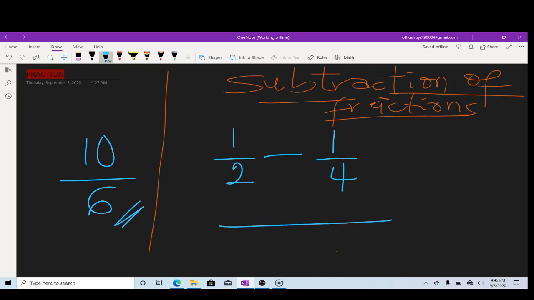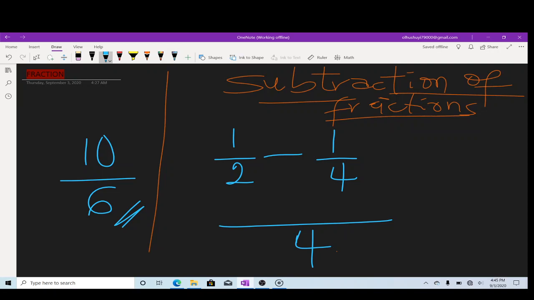What do you do? You still look out for the denominators. The LCM or the multiples of 2 and 4, the LCM here is 4. A good multiple to use is 4. You can say 2 times 4, you have 8, you use 8, it's good, but 4 will be the LCM.